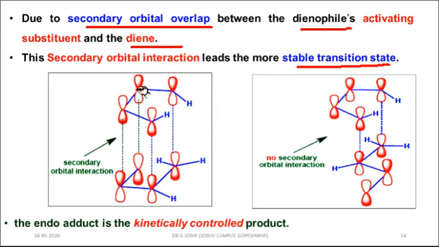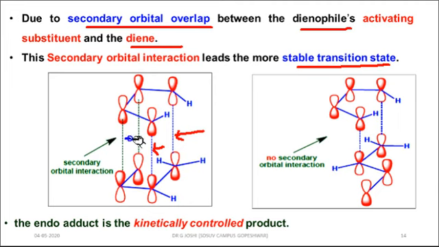This is the HOMO of a diene, and this is the LUMO of a dienophile, in which this bond and this bond, these two bonds, are primary bonds which are forming during the cyclization of 4 plus 2.